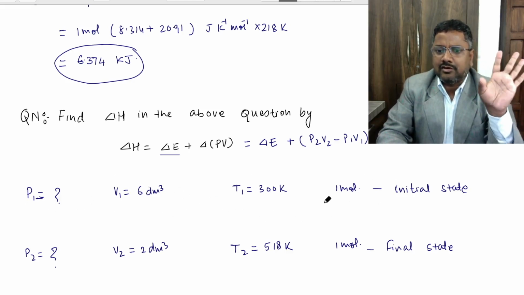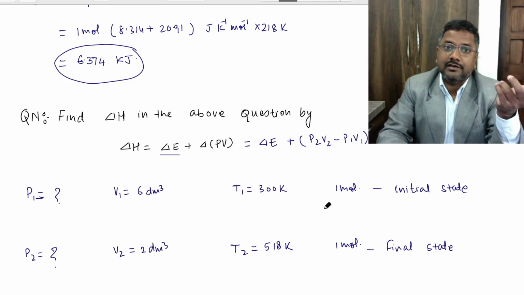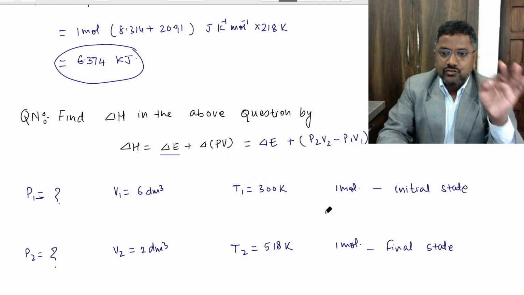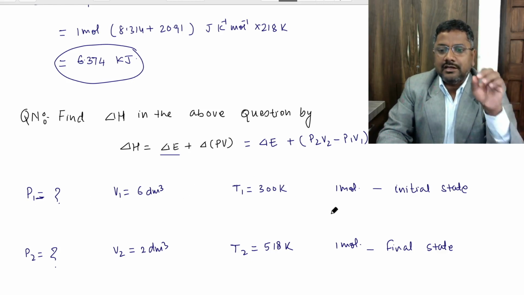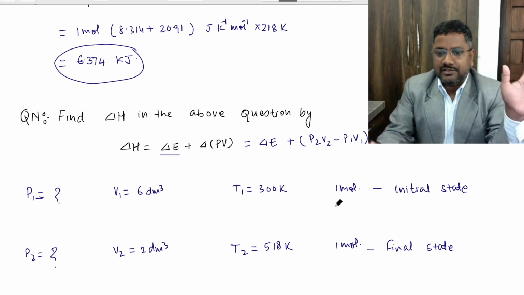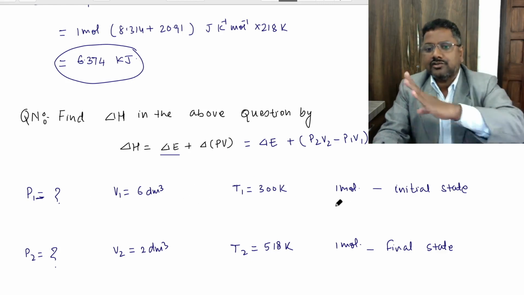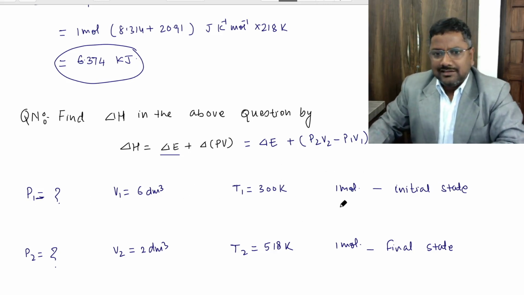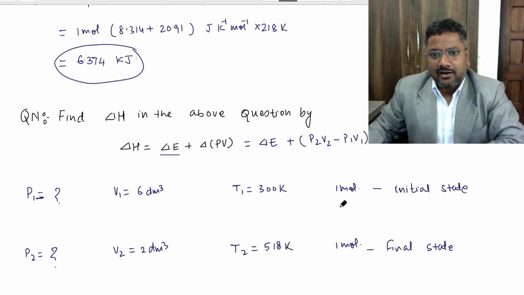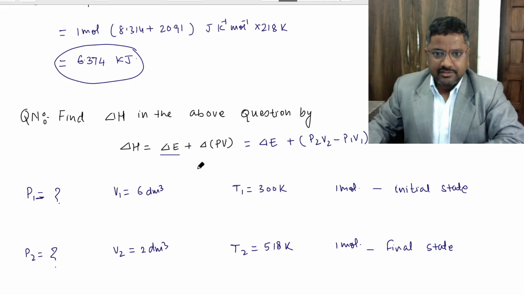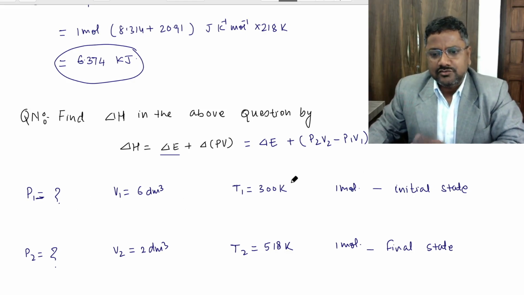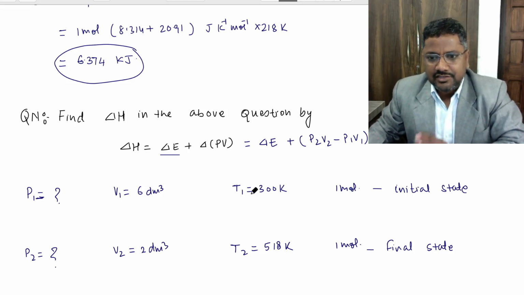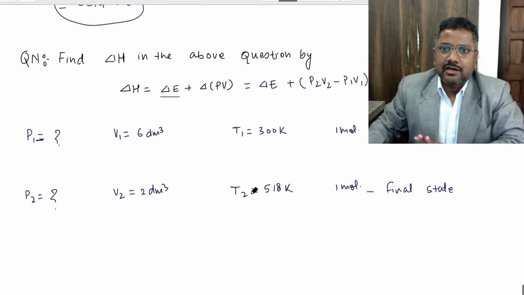So you can use PV is equal to nRT in the initial and final state, but during the process it is difficult for you to use. But at any moment of time, if all these variables are constant, you can use it. So at initial state and final state, straightforward, you can use PV is equal to nRT.